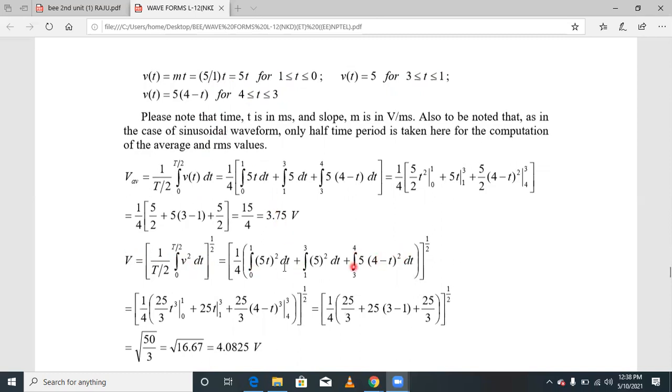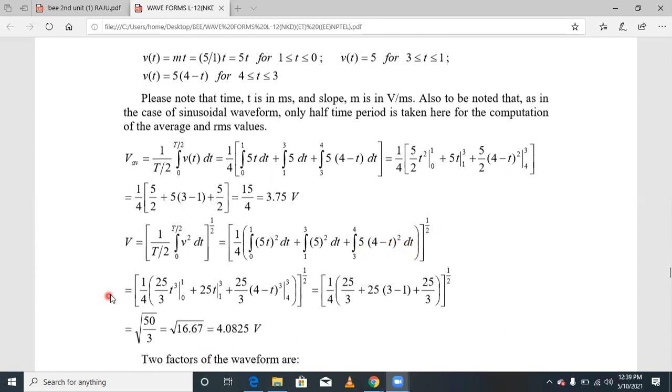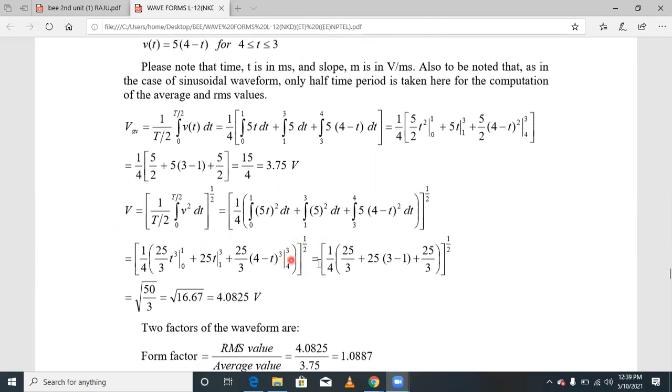So 1 by 4 into integral 0 to 1 of (5t) squared, plus integral 1 to 3 of 5 squared into dt, plus integral 3 to 4 of 5 squared into (4 minus t) squared into dt, all to the power of 1 by 2. Don't consider only 5, that was a printing mistake. Then apply the integrations on this expression, and we finally get the RMS value equal to 4.0825 volts.